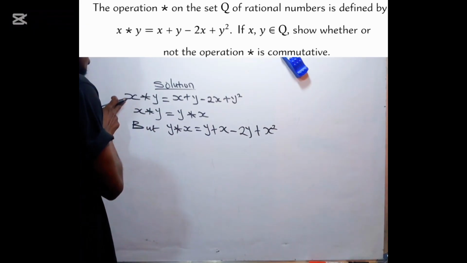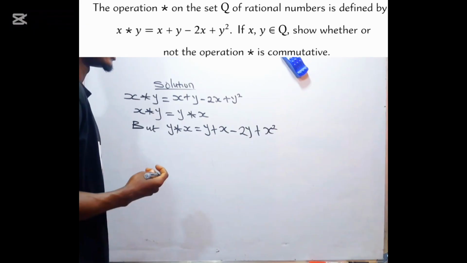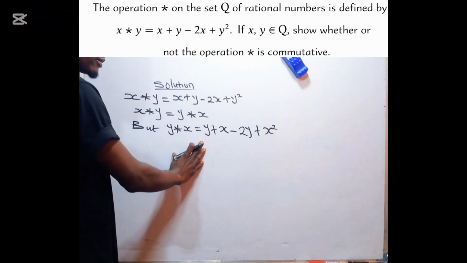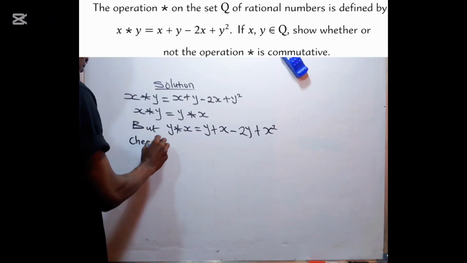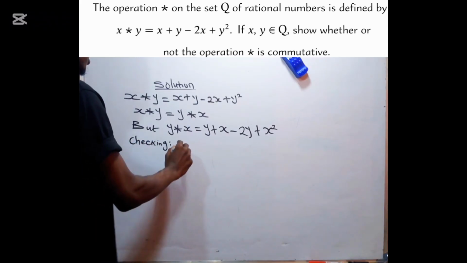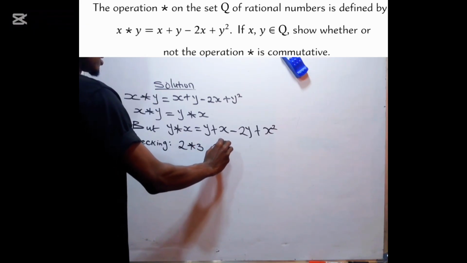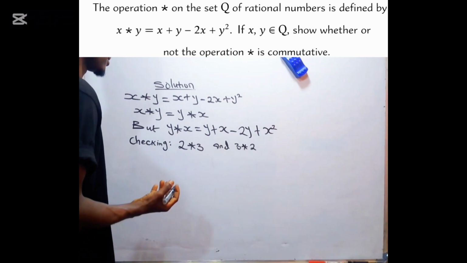Now, is x asterisk y equal to y asterisk x? The answer is no. Therefore, this binary operation is not commutative. Let's check. Now, using 2 asterisk 3 and 3 asterisk 2 again.